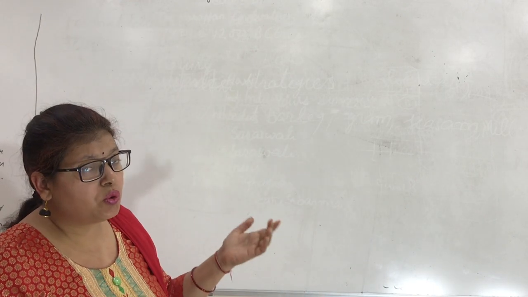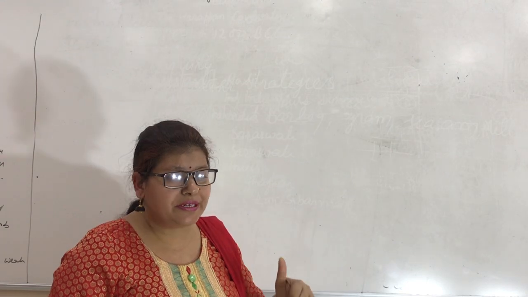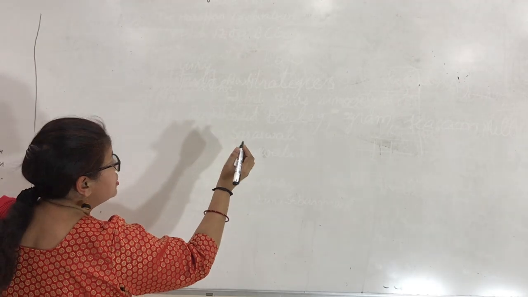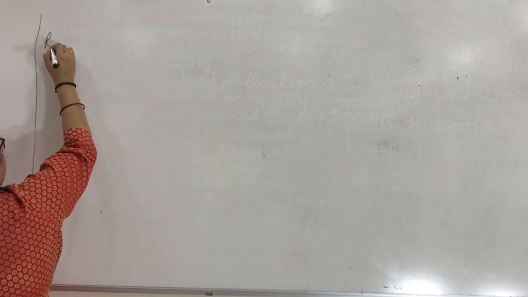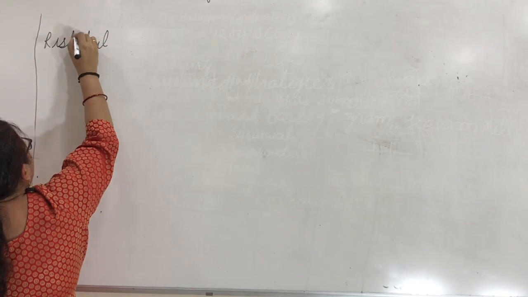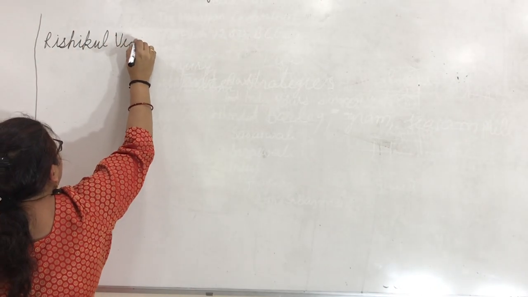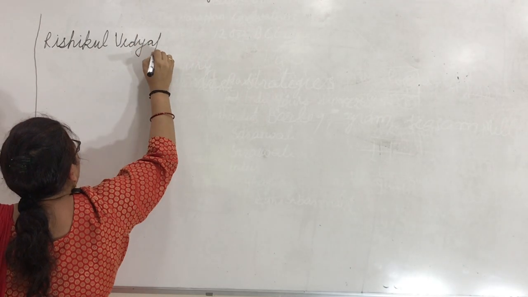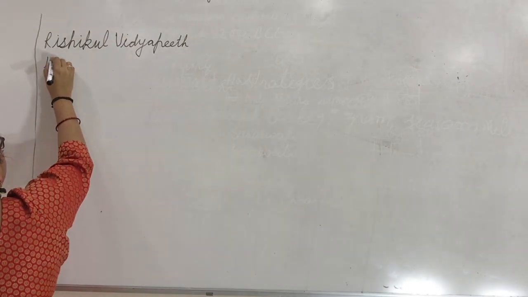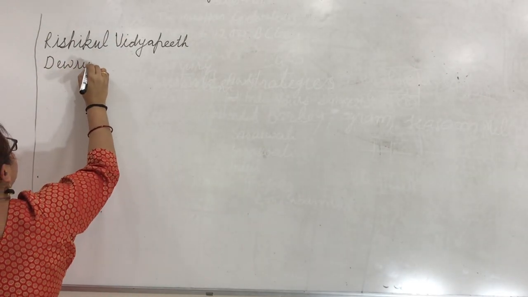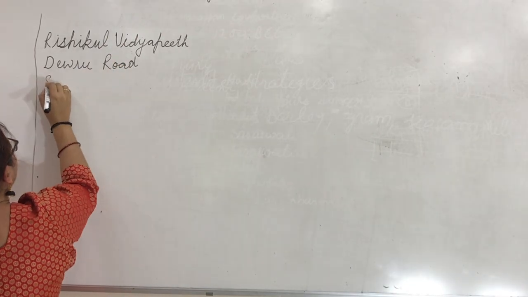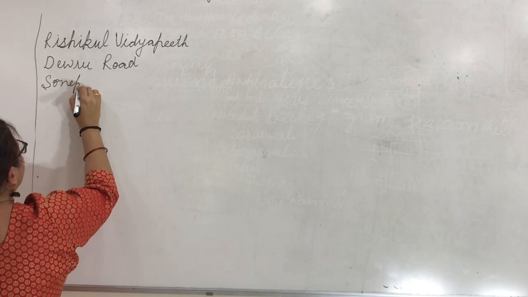First of all, as I have told you earlier, there will be self-address. So we are writing the address of our school. Dishikul Vidyapeeth, Devdu Road, Soni.